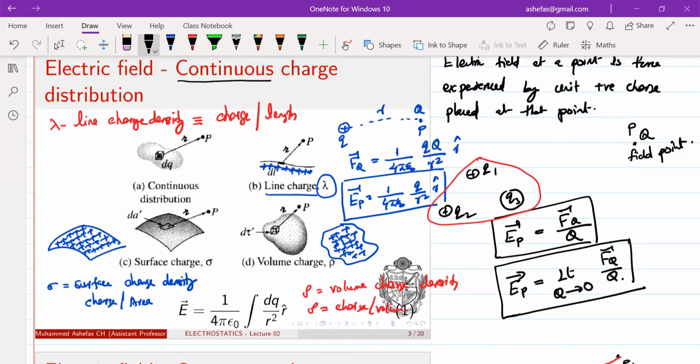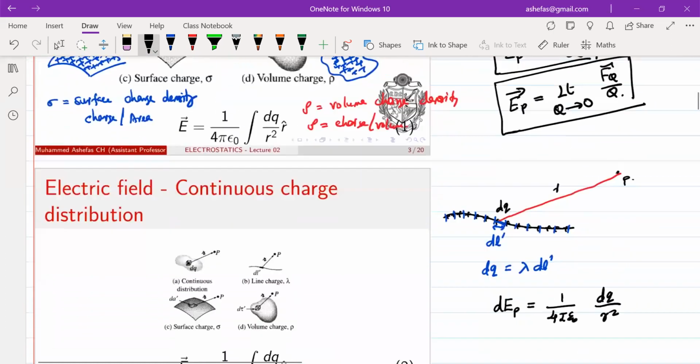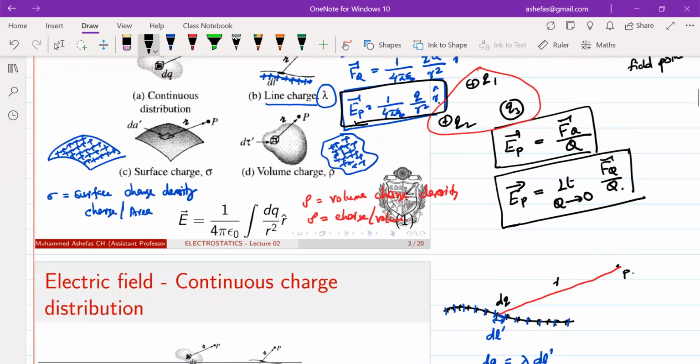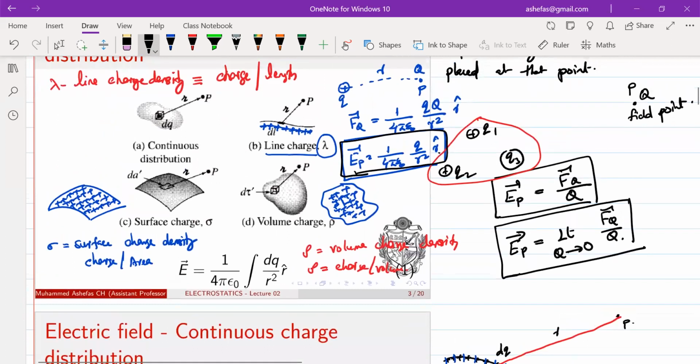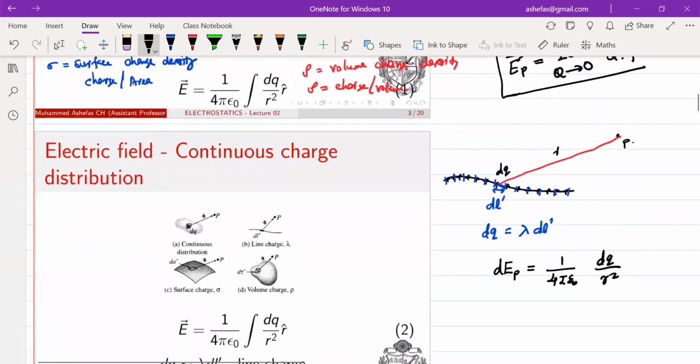The electric field at point P is 1 by 4 pi epsilon 0 q by r square r cap. So this we have already discussed. The same thing we have extended here, but recall there is a certain difference in our notation. Here we have represented the electric field as capital E and charge as small q.